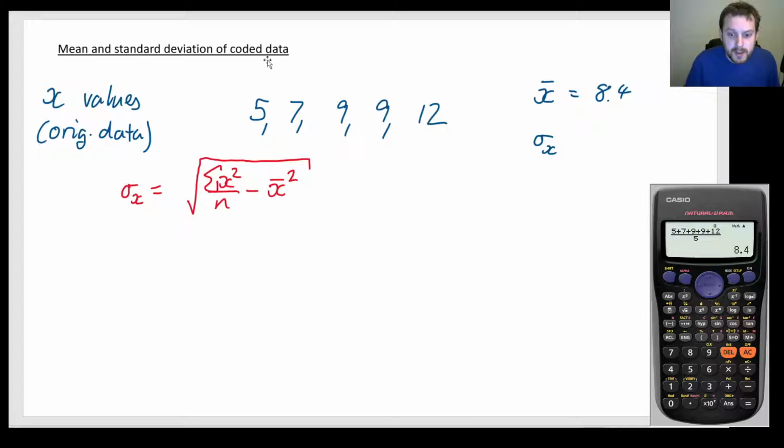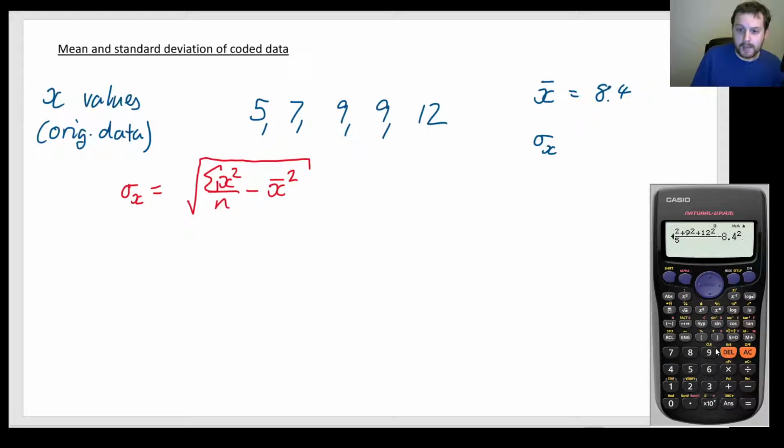So what I want to do is add up all of these things squared. So 5 squared add 7 squared add 9 squared, add 9 squared, add 12 squared, and divide by how many there are, which is 5. And then I'm going to take away 8.4 squared.